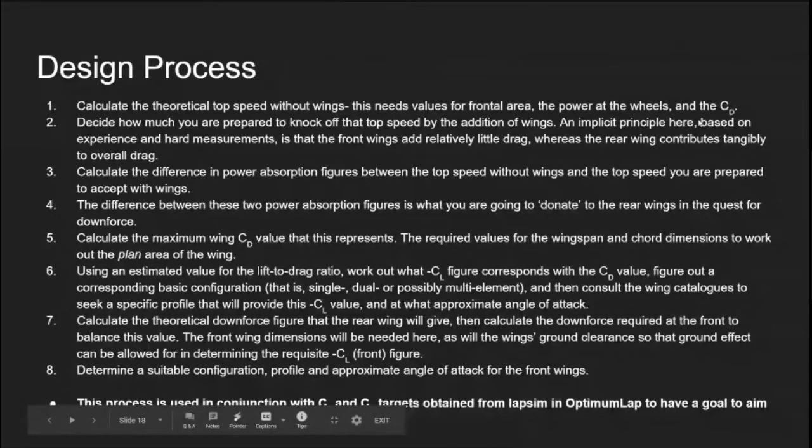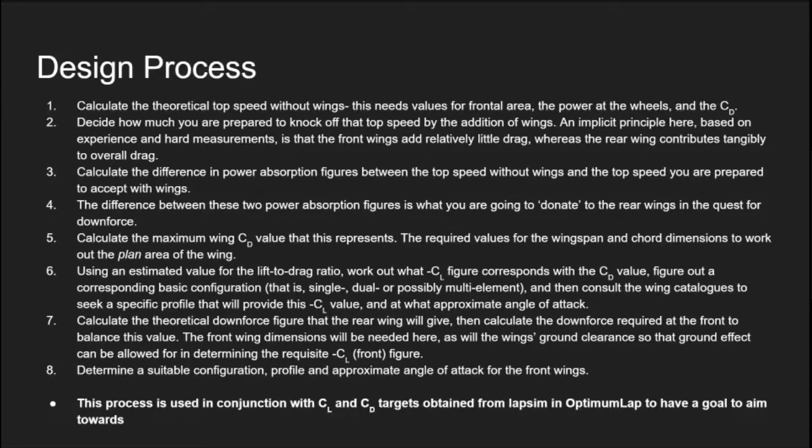But basically, this is a lot of words, but I'll just explain it real quick. This is the design process when starting the aerodynamic process. This is not the only one, but it is a recommended process. You start off at a point where you calculate your theoretical top speed without the wings, right?